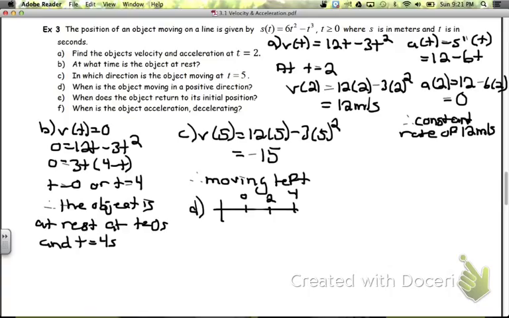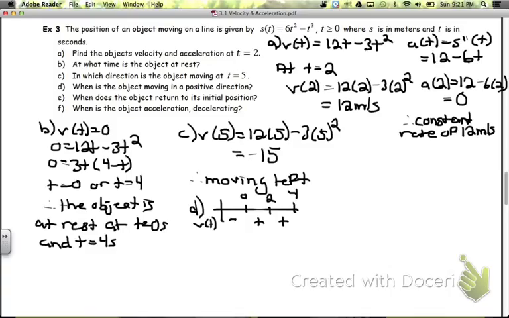So if we're talking about our velocity, we know that our velocity would be negative when it's less than 0. Between 0 and 2, it's going to be positive. Between 2 and 4, we'll have a positive velocity.